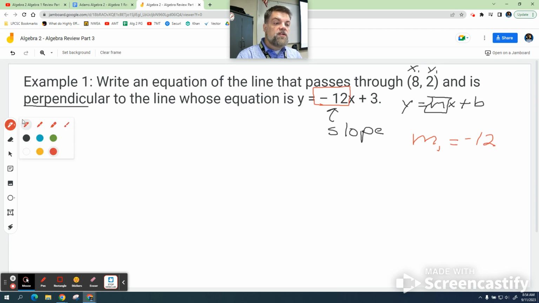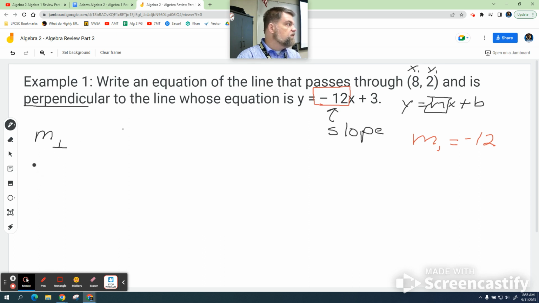Now what they want us to do is write a line that is perpendicular to this line. Does anybody in here remember the little rule about perpendicular lines and their slopes? Well, they're negative reciprocals of each other, which is kind of a big fancy math way to say it. But really, if this slope is negative 12, then the slope of the perpendicular line, this little symbol means perpendicular.